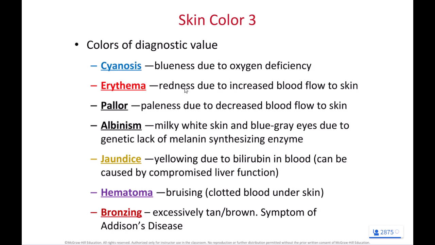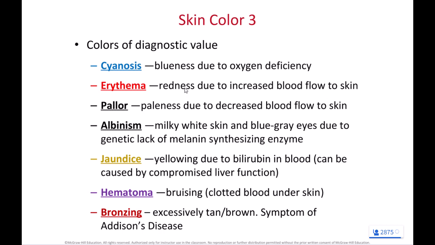When we look at the skin, you can learn about a patient when you visually inspect them based on the colors of their skin. If they have blue skin, that is known as cyanosis. And that blueness is typically associated with a lack of oxygen present in the blood in the tissues you're looking at.